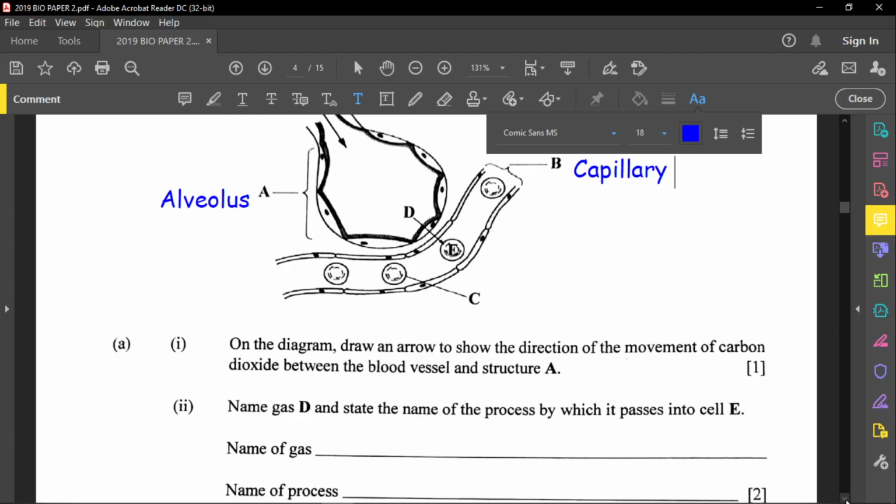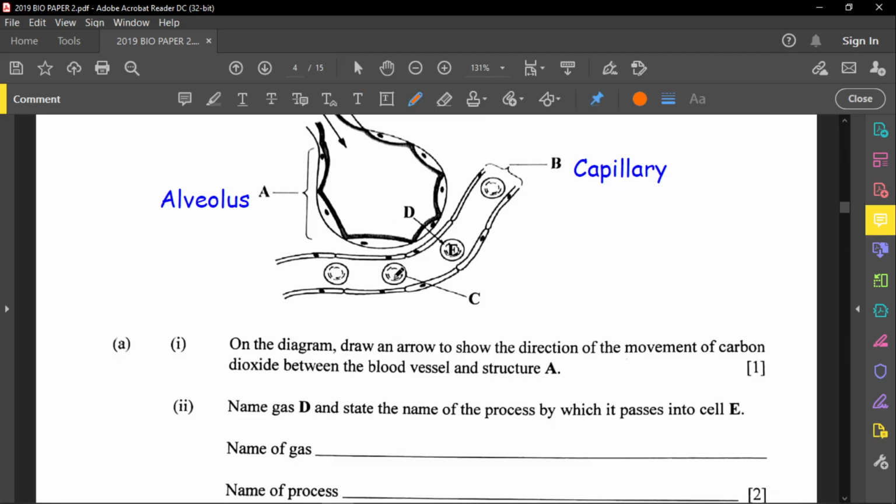So looking for carbon dioxide. Now remember that carbon dioxide will leave the blood, go into the alveoli, and go out of the body by the process of exhalation. So our arrow right here representing carbon dioxide should leave from these blood cells inside of the capillary and go into the alveolus.